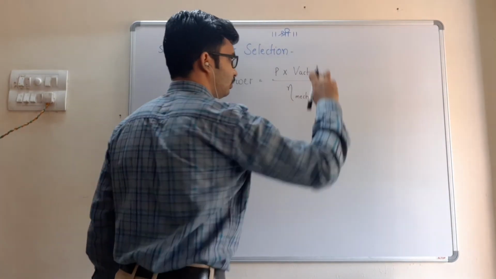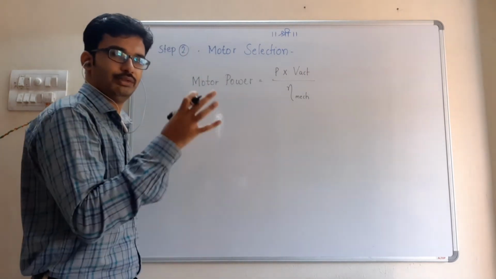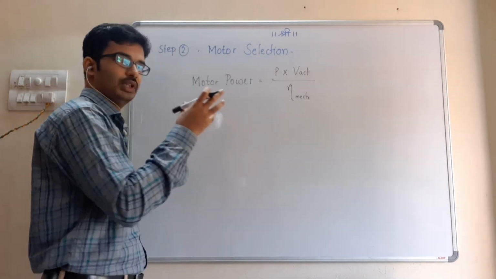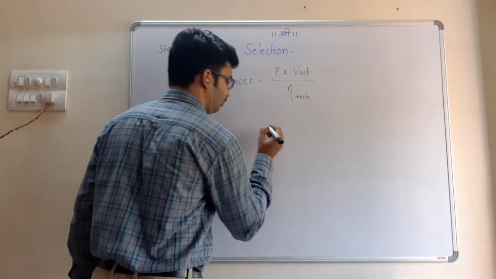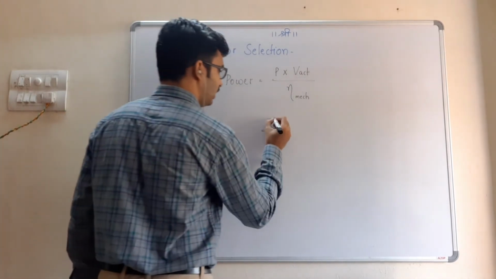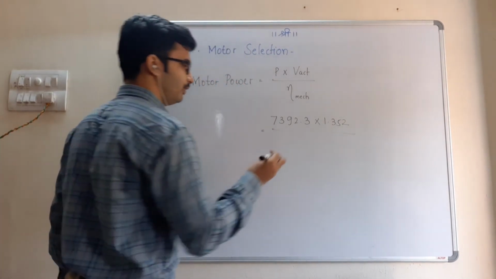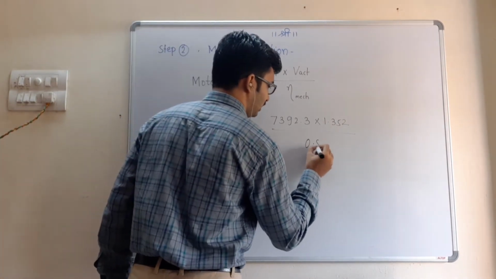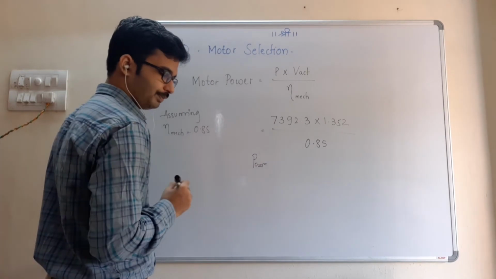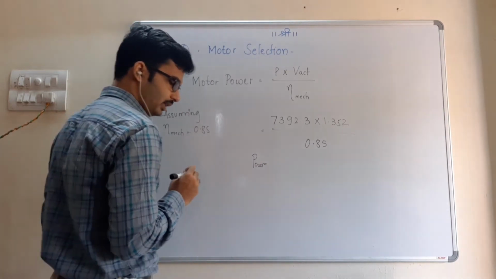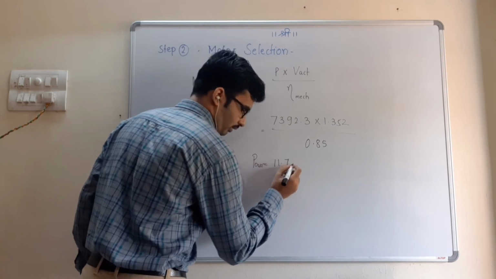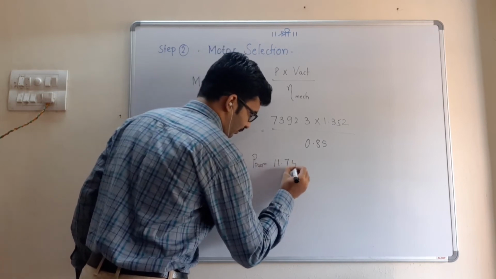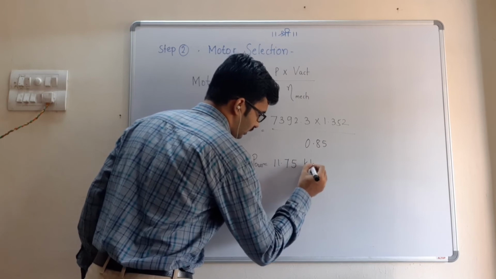Total resistance into actual velocity will give you the actual power, but we have to consider the mechanical efficiency also. So when we substitute here, assuming mechanical efficiency as 0.85, motor power comes to 11.75 kilowatt.